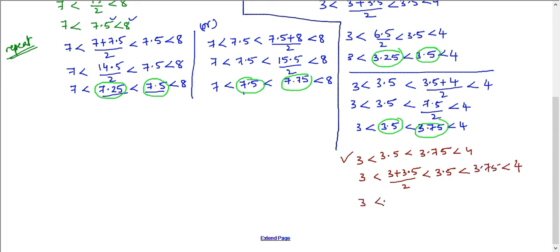So I'll write 3 less than 3 plus 3.5, how much? It should be 6.5 by 2 less than 3.5 less than 3.75 less than 4. Okay, so 3 less than 3.25 less than 3.5 less than 3.75 less than 4.